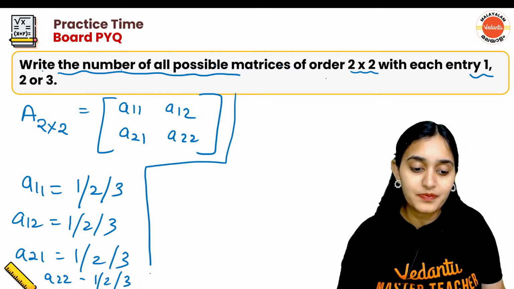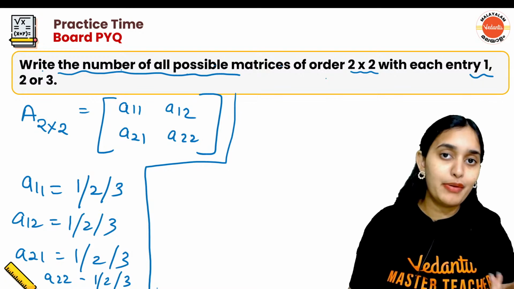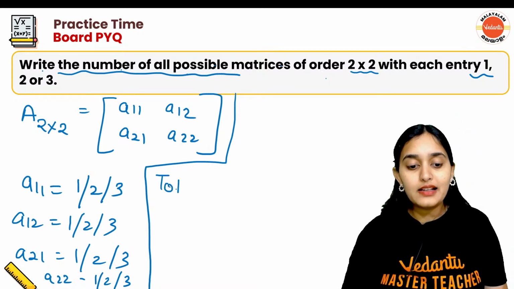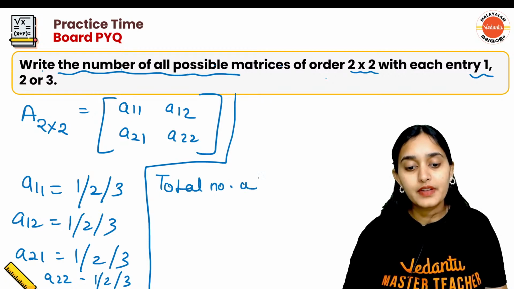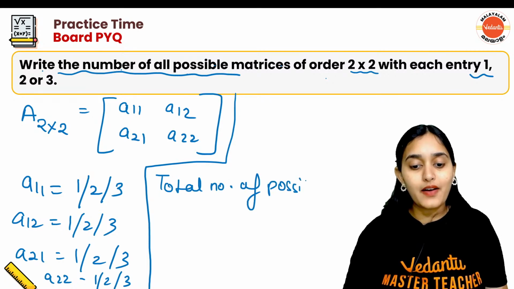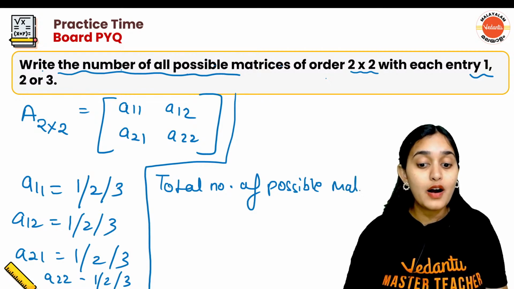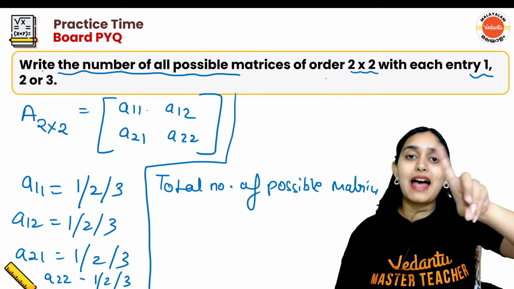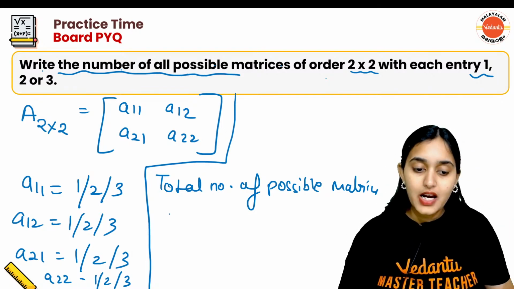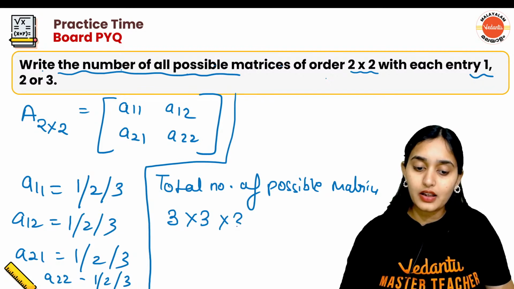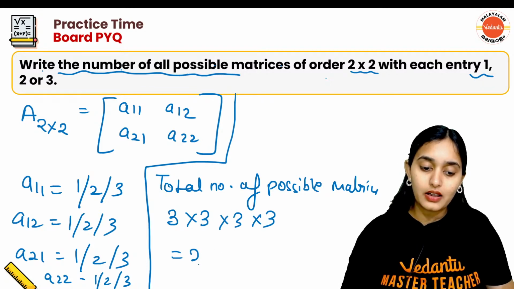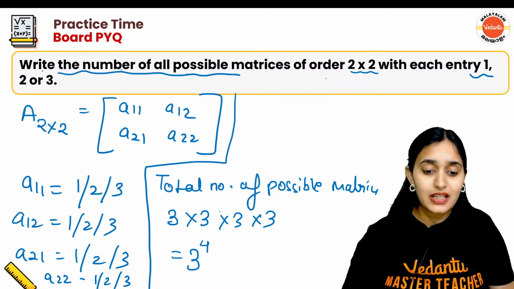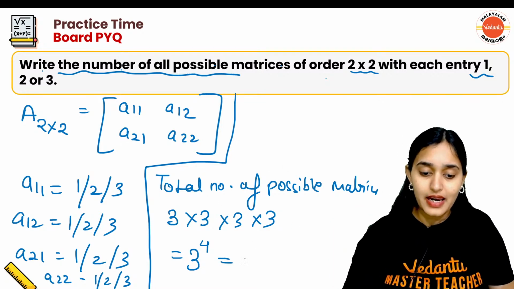This is kind of a counting problem, permutation and combination. So the total number of possible matrices are what? Since the first position can be filled in 3 ways, either 1 or 2 or 3, it is 3 into 3 into 3 into 3, which is 3 to the power 4. 3 3s are 9, 9 3s are 27, 27 3s are 81.